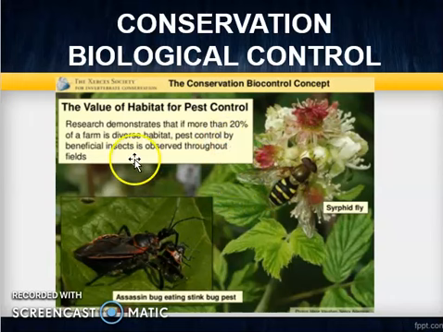Pest control by beneficial insects also occurs throughout the field. So this is the impact whereby we preserve natural plants and natural insects in our crop. Therefore, you can control the impact of pests on our crop in our agricultural field as well.